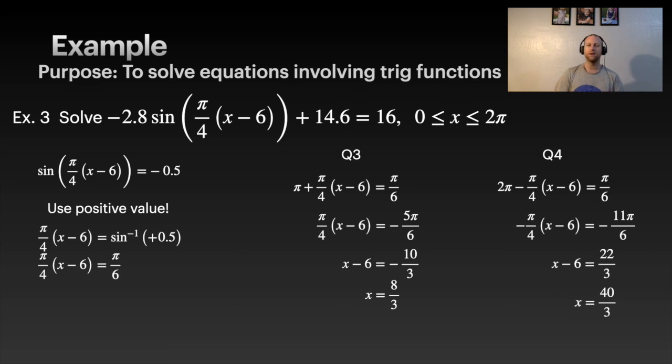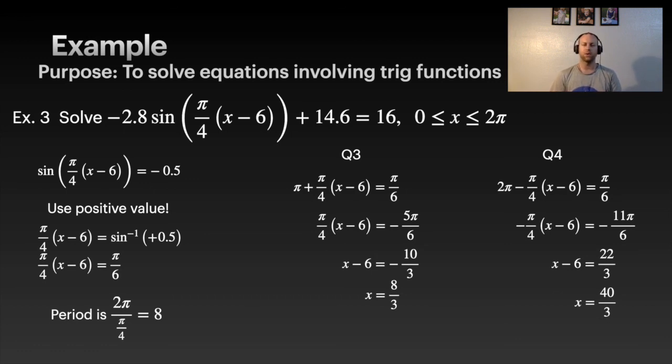40 over 3, if you were to actually calculate that out, is bigger than 2 pi. So we've got a problem. This is too big to fit into our domain. So we need to figure out a coterminal angle to this, which means we need the period. We have the b value, and the period is pretty straightforward: 2 pi over that b value gives us 8. 8 is our period.